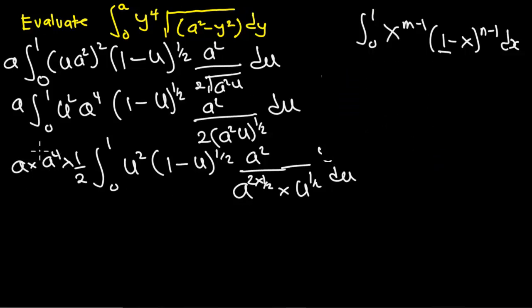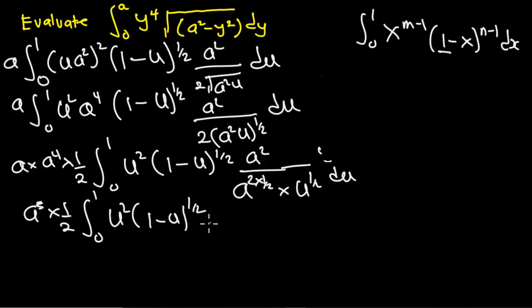And from here, using the law of indices, we are going to have a exponent 5 times 1 over 2 multiplying the integral from 0 to 1 of u squared times 1 minus u all exponent half. And over here we are going to have a squared over, so the 2 here will cancel out the 2, so we're going to have a squared over a times u exponent 1 over 2 du.